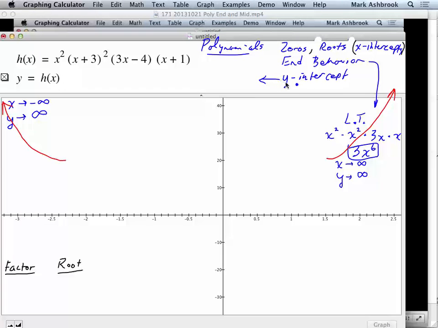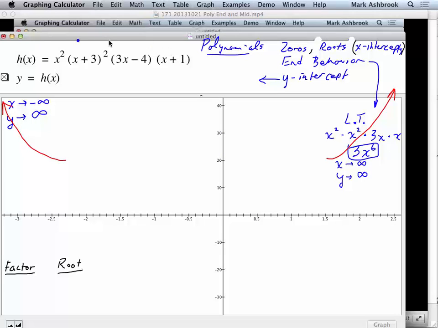So how do we find it? What's true about every point on the y-axis? Yeah, Alex? X equals 0. Yeah, so x equals 0. That's what the y-intercept means. It's going to be the point where x equals 0.